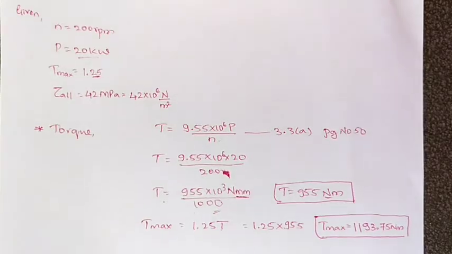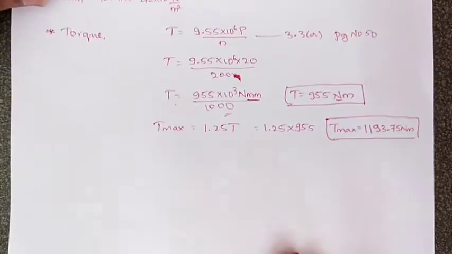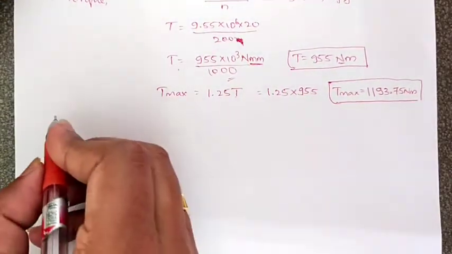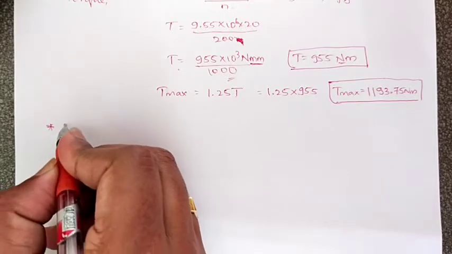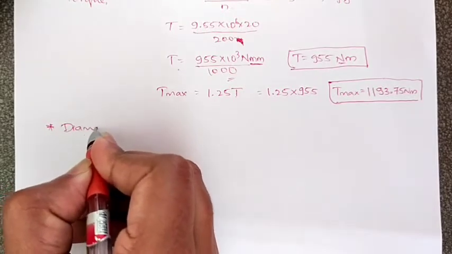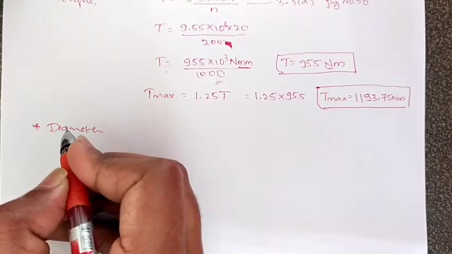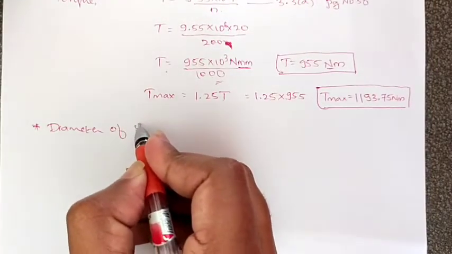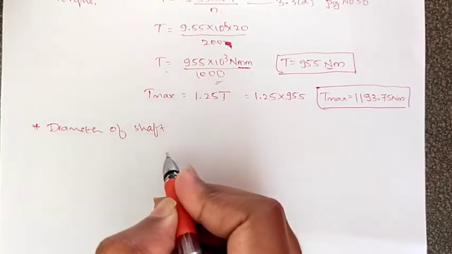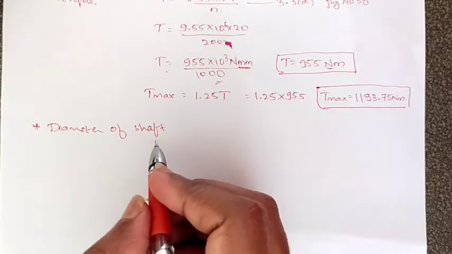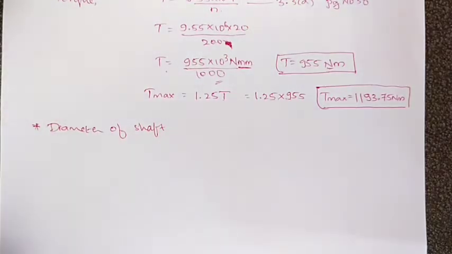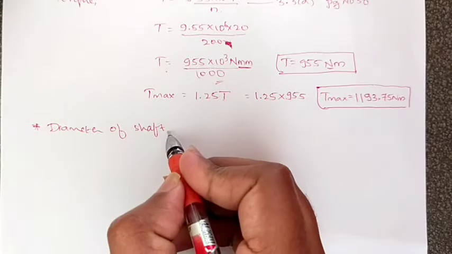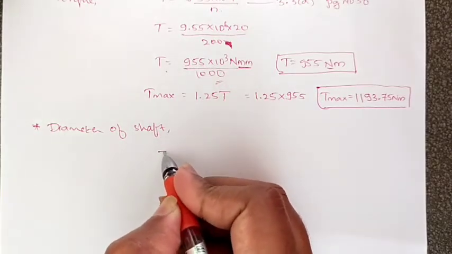So after finding out T max value, next you need to find the main step, that is to find the diameter of the shaft. For finding out the diameter of the shaft, you know this is a hollow shaft because K value is given, so it is a hollow shaft. For that, what is the formula?